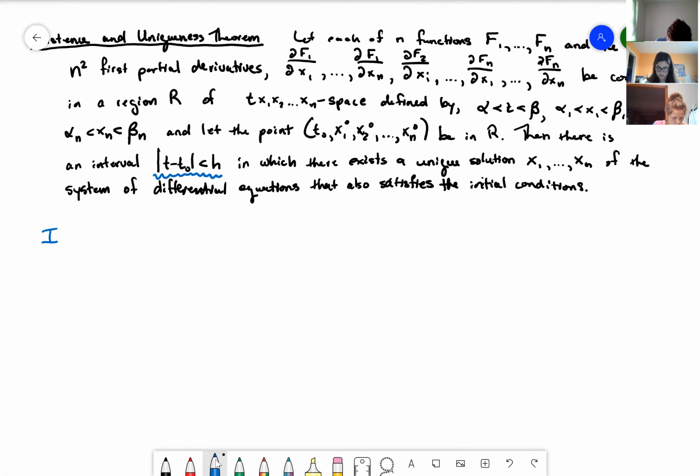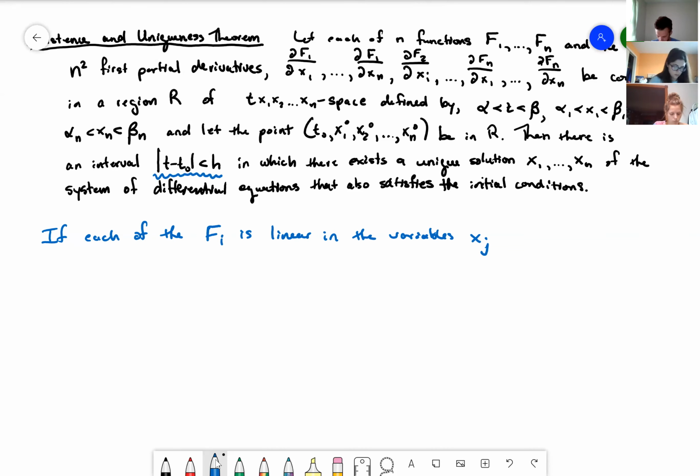No, we'll stick with blue. If each of the functions fi is linear in the variables xj, let's use a different subscript, so there's no xi times xj, no xj squared, no x1 times x2 times x3, right?